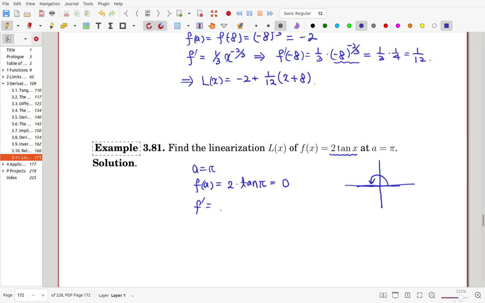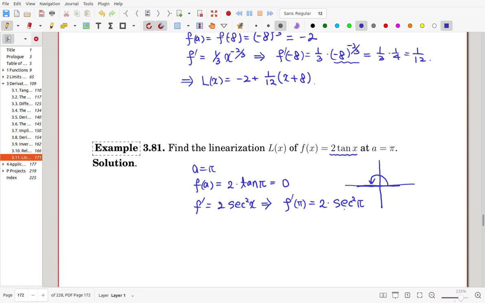F prime is twice the derivative of tangent, which is sec squared. So f prime at pi is twice sec squared pi. Secant is 1 over cosine, and cosine pi is minus 1.